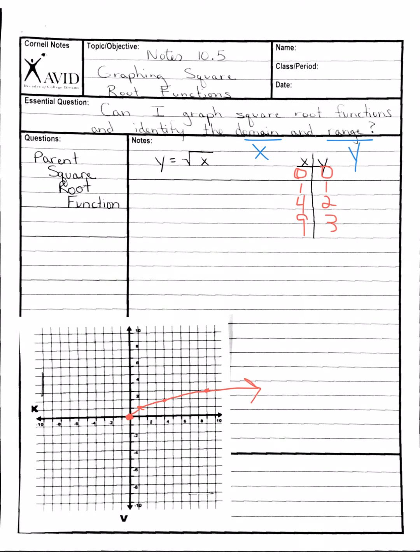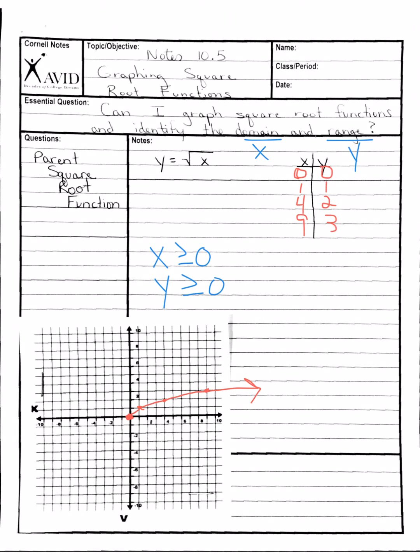So we can't have any negatives. So the domain would be our x's have to be greater than or equal to 0. And we found that our range for these values, what kind of answers are we going to get, is going to be the exact same. My y values are going to be greater than or equal to 0. Let's go ahead and move on to a couple more examples here.